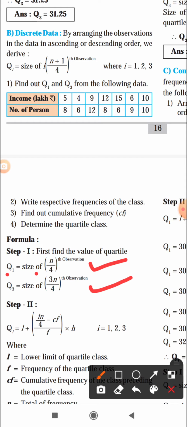That is the first step to determine the quartile class. When we find out the value of quartile, then it is easy to find out in which CF the observation of Q1 or Q2 or Q3 lies.